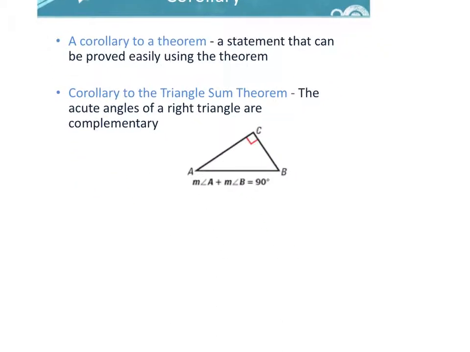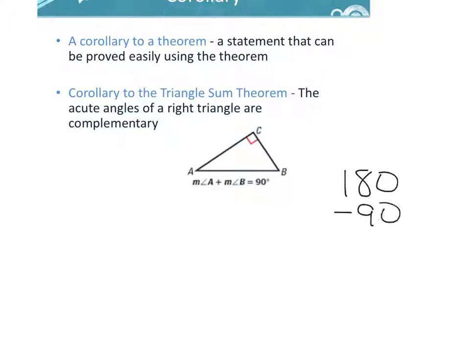So what did the triangle sum theorem tell us? That it equaled 180. Good. Now, if I've got a right triangle and I know that all 3 angles are 180, what do I need to have in my right triangle? What kind of angle? A right angle. And how much is a right angle?